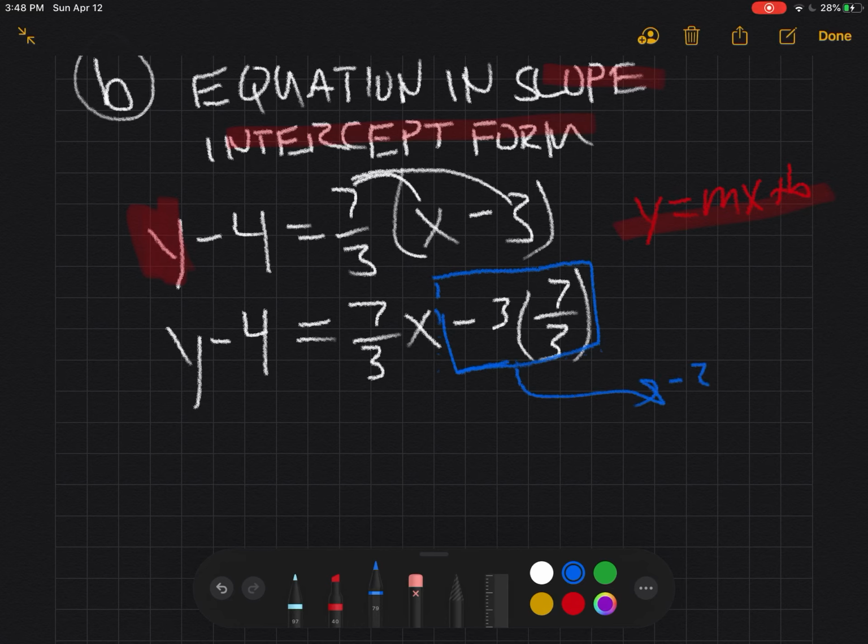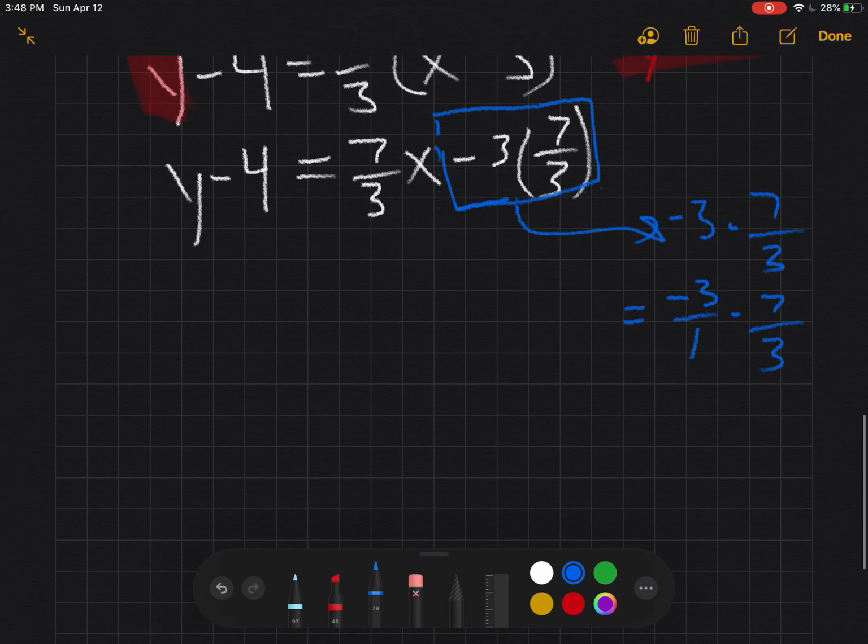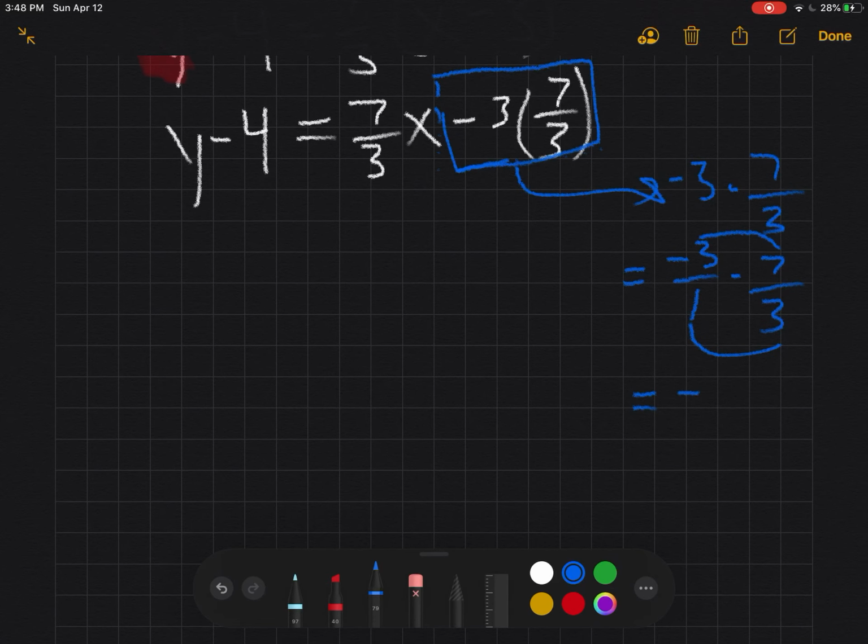I know fractions are a pain point for some of you, so I'm going to simplify this over here. We have negative 3 times 7/3. That's equivalent to negative 3/1 times 7/3. When you multiply fractions, the numerator goes by the numerator and the denominator goes by the denominator.